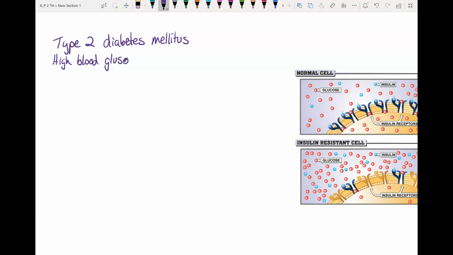So you have high blood glucose. This can be due to poor diet and lack of exercise. So if you're eating too many carbohydrates, you're putting too much glucose into your blood, and exercise could burn that glucose off, but if you're not exercising, you're not burning it off. So you just get all this glucose building up in the blood.